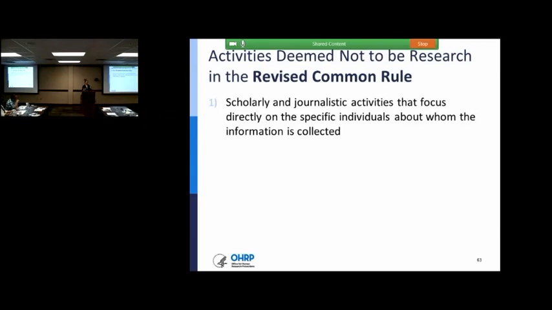Because the idea there is to take whatever information you have and try to generalize it, try to extend the scope of it. And that would be research, right? So here we're just really specifically focusing on a particular individual.